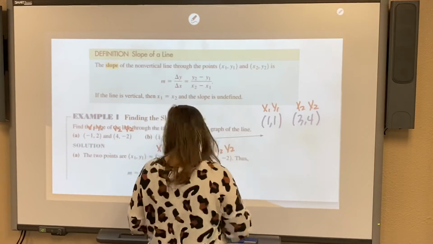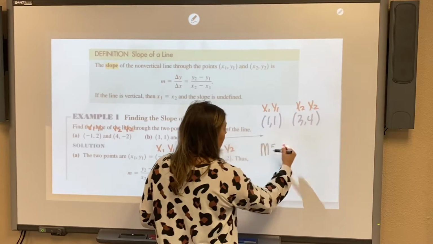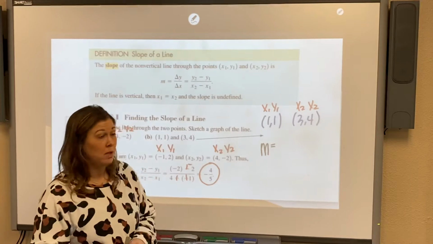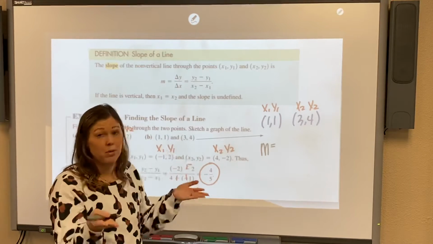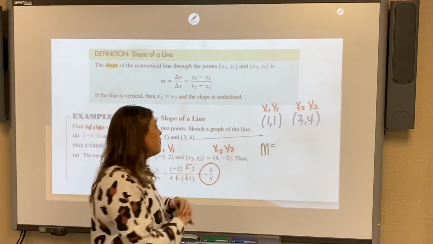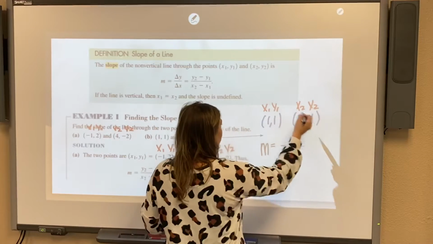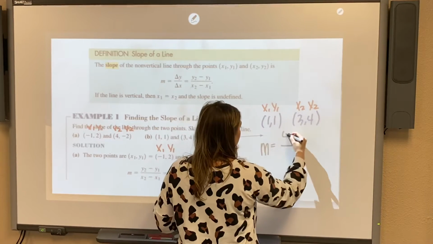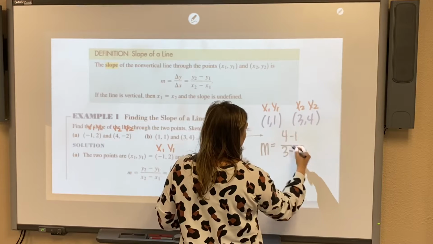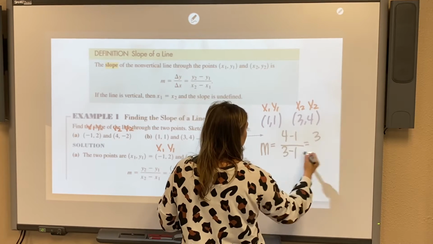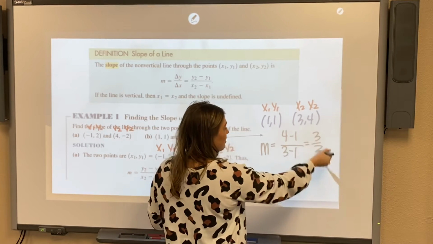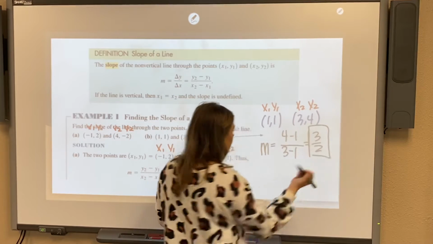Slope is always represented by the variable m. Y equals mx plus b, I'm sure you remember that, but m is always your slope. So we do the change of y's over the change in x's: 4 minus 1 over 3 minus 1. Well, 4 minus 1 is 3, and 3 minus 1 is 2. We can't simplify that fraction, so there it is. That's all you've got to do.